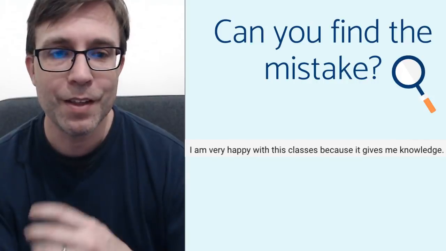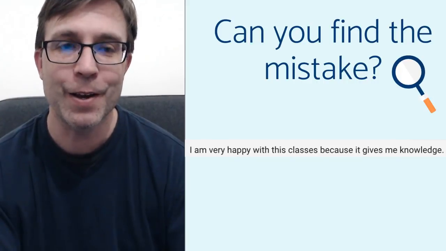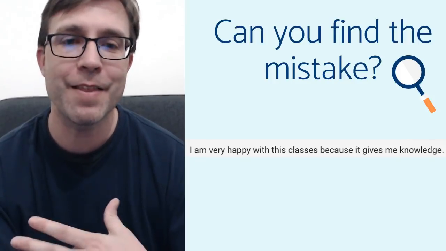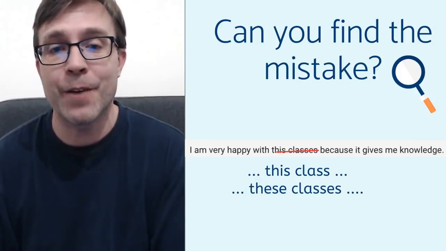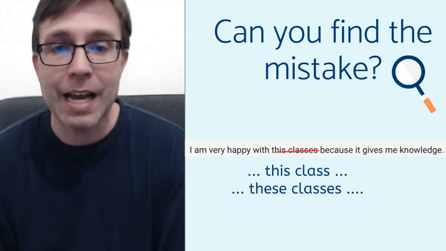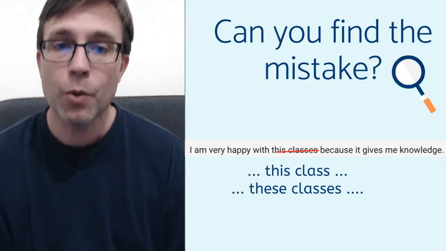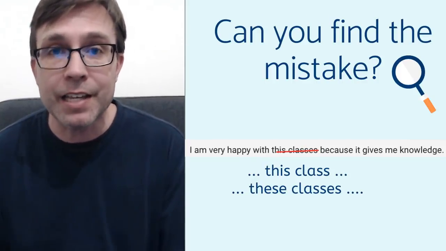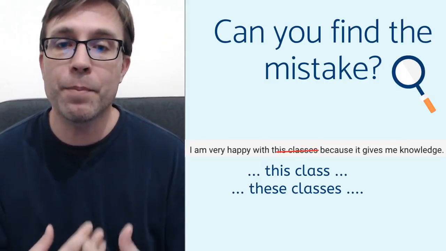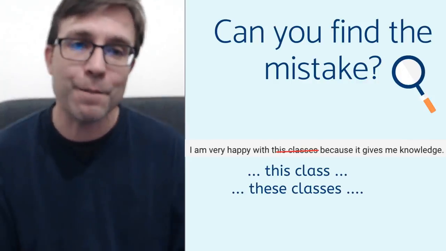So the mistake, yes, is this classes. When you're talking about this and these, you could use it in one of two ways. You could say, I am very happy with this class because it gives me knowledge. Remember, we use this with singular nouns. Or, I'm very happy with these classes because, in this case, you would need to say because they give me knowledge.